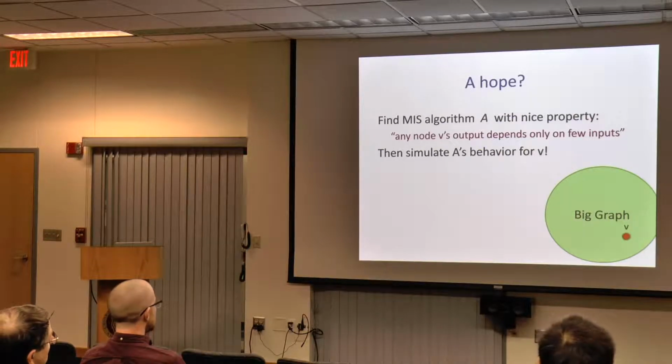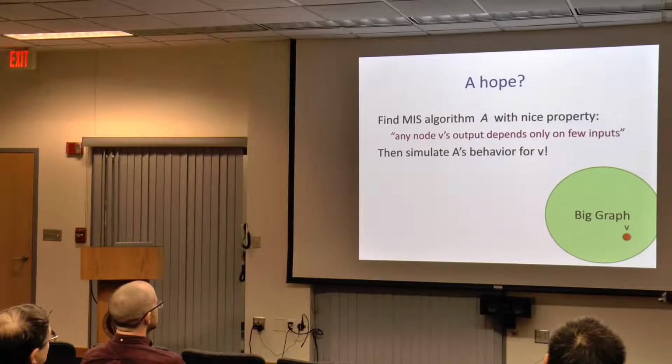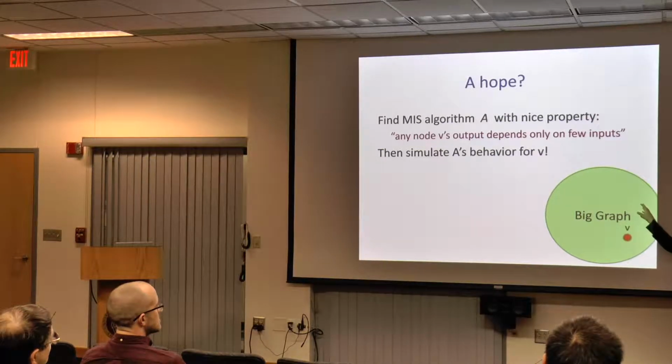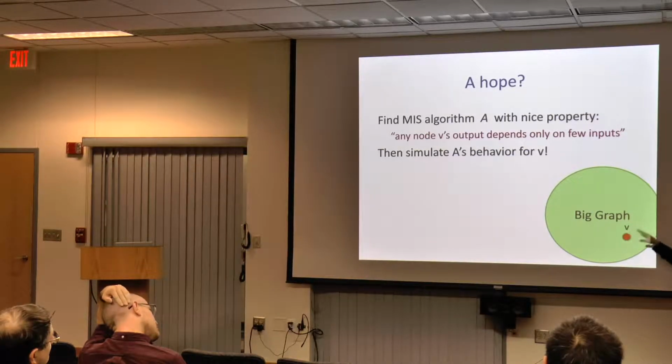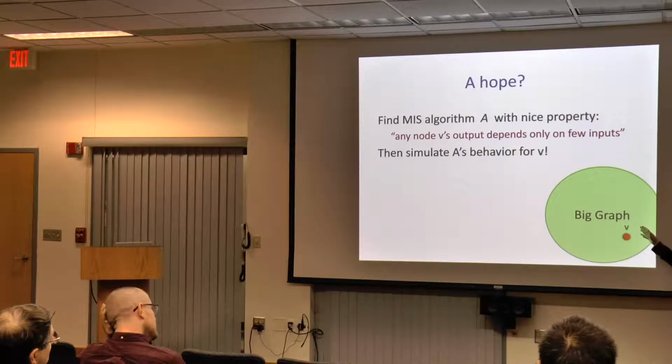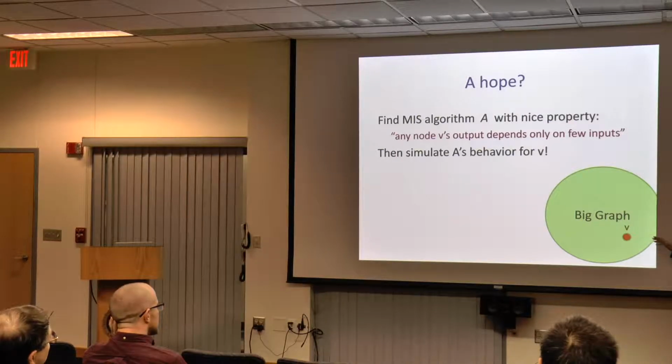Where would you find such algorithms where V's answer only depended on a few other answers, and those nodes in turn didn't depend on anybody else, so I could just figure out their answers and then figure out V's answer, and I'm done? That would be amazing, but why would I even imagine such an algorithm existed?